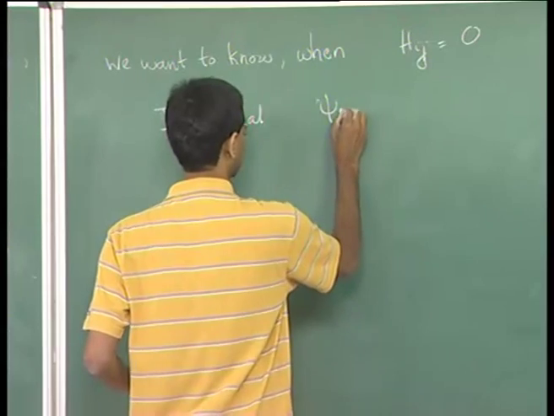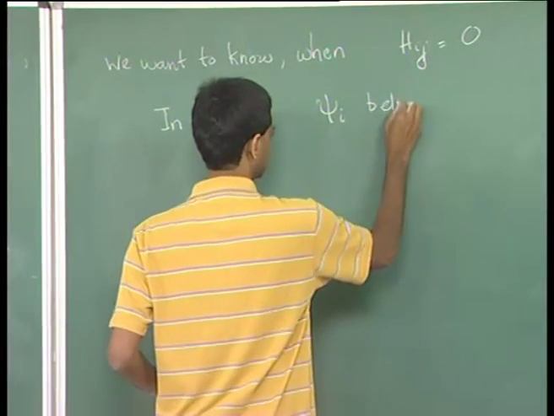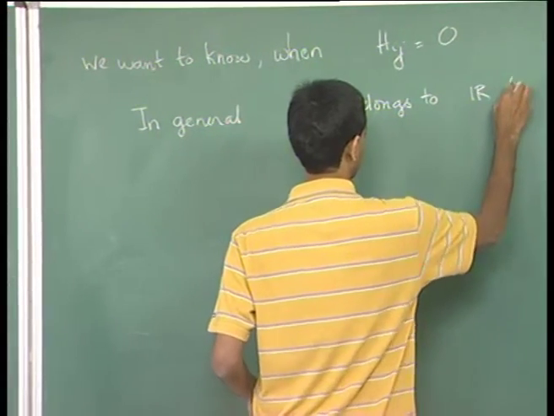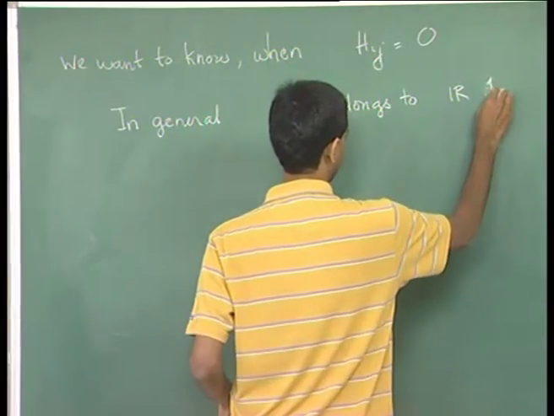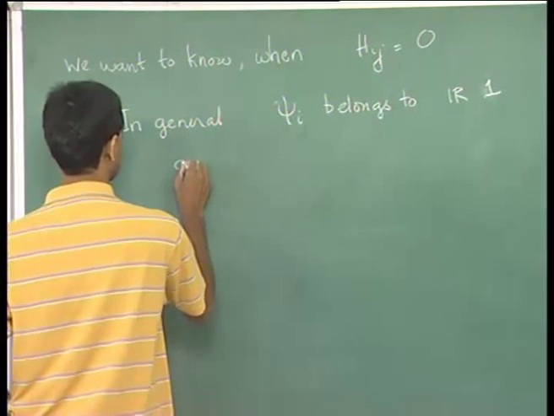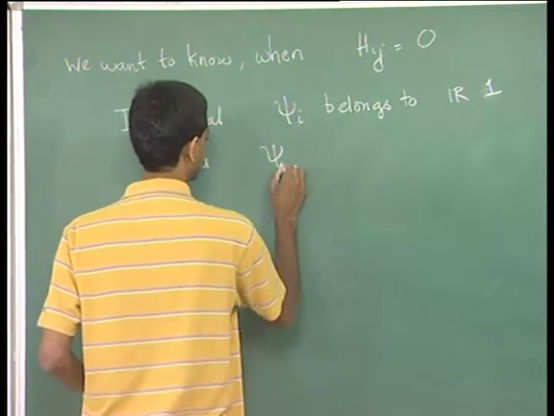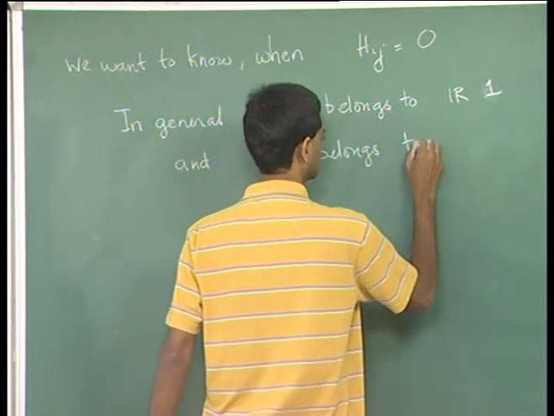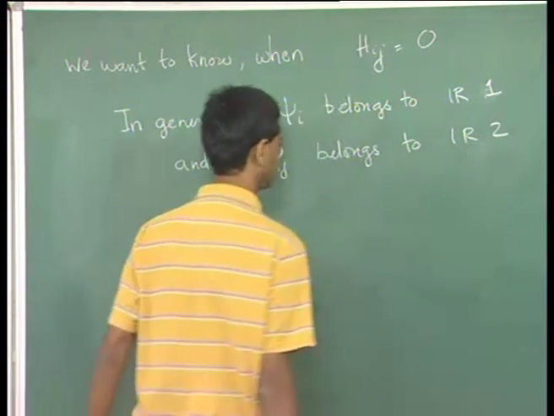Psi i belongs to irreducible representation 1, and psi j belongs to irreducible representation 2.